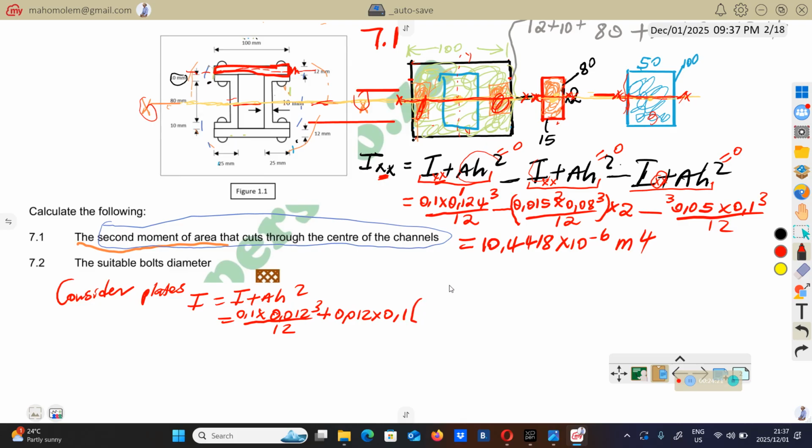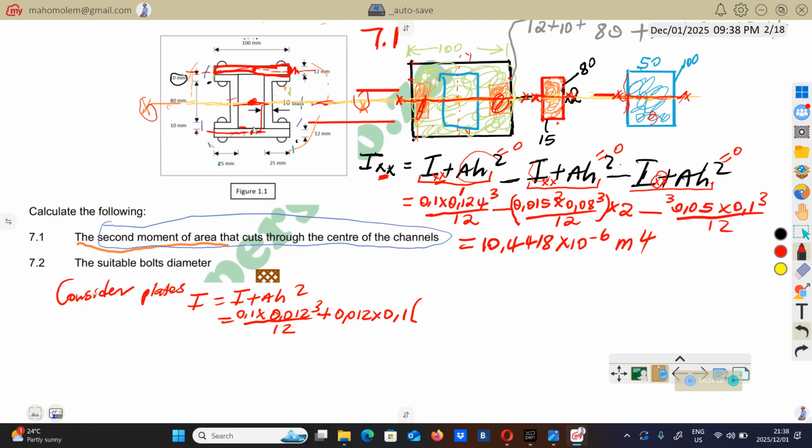H, what is H? The H is going to be the distance from the centroid of the composite. The centroid of this whole thing is here. So H is going to be the distance from here to the center of this box. The distance from here to this center is going to be 6, which is 12 divided by 2.